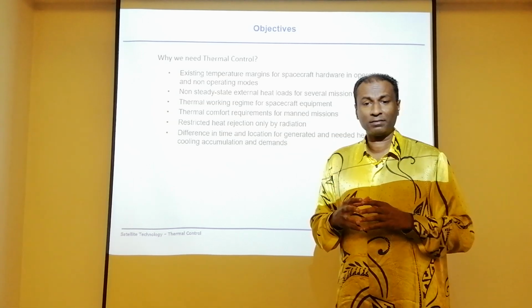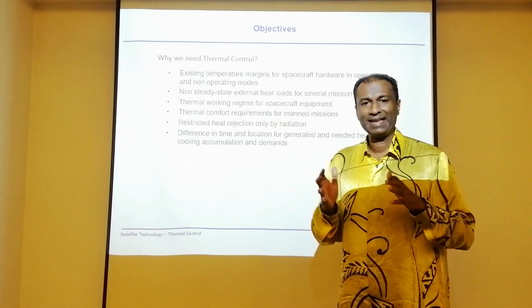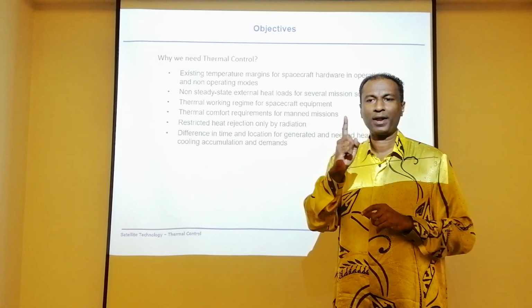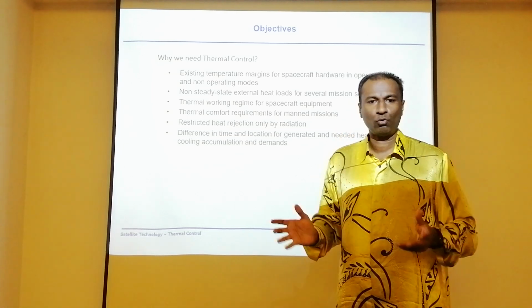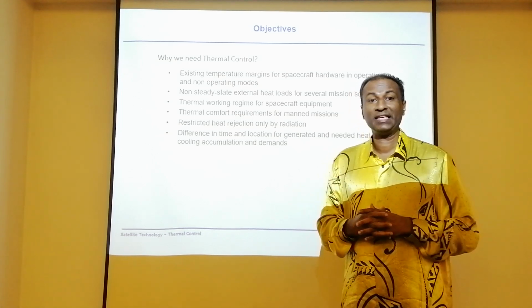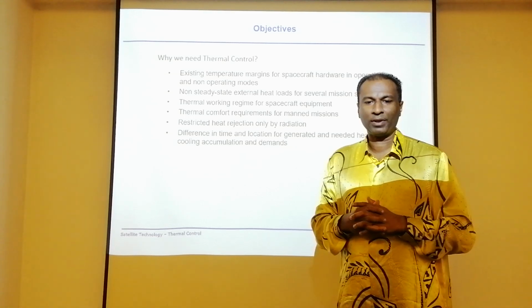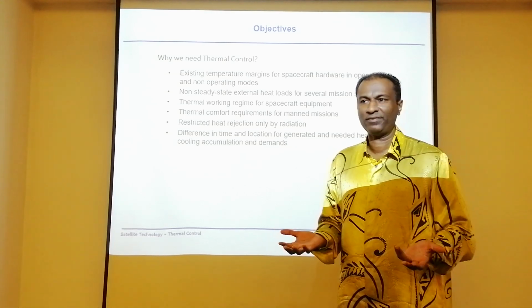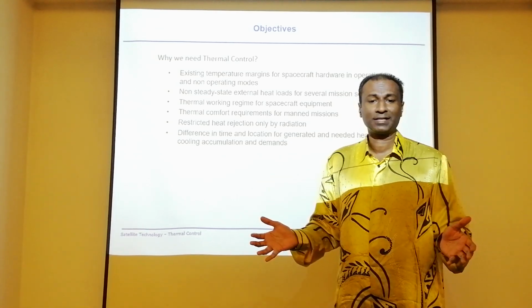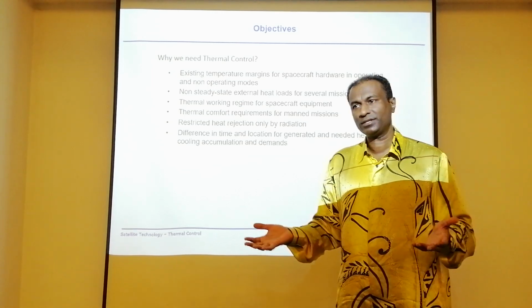So if I want to eject any heat from the spacecraft, I have only one mode, radiation, and that makes the whole job even more challenging, because I have only one mode to rely on.